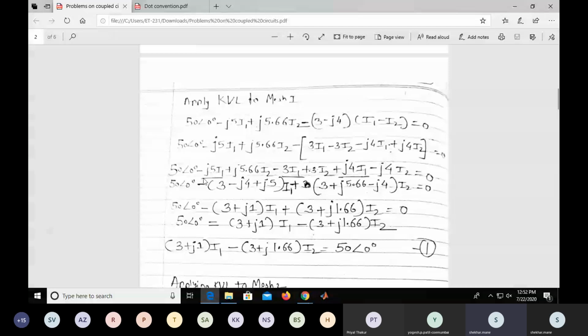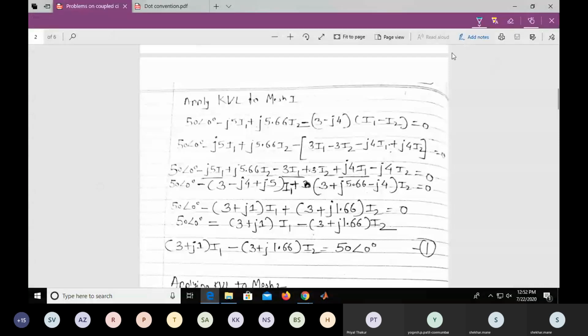So here again I rewrite the equation and take the I1 terms common, I1 and I2 both terms common. You can see this I1, I2.